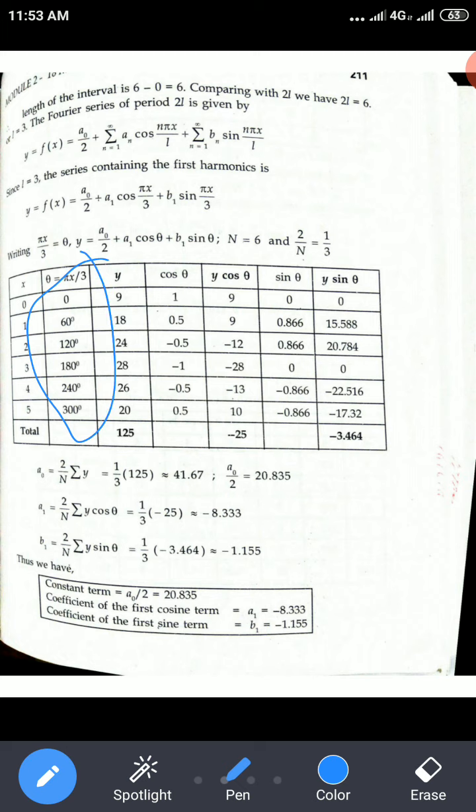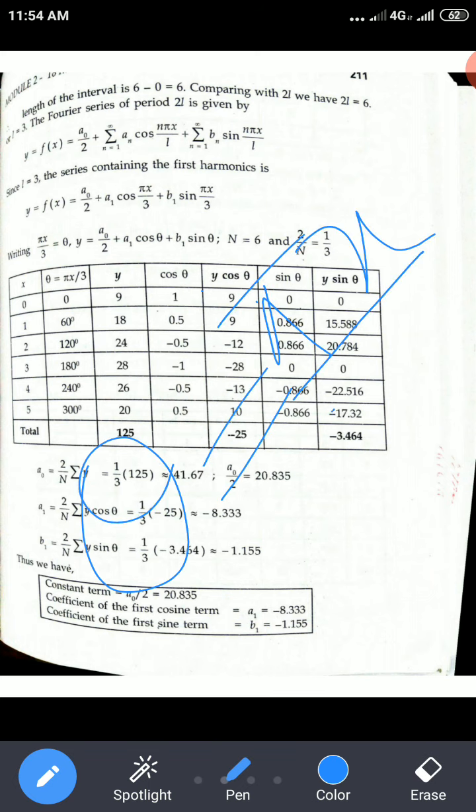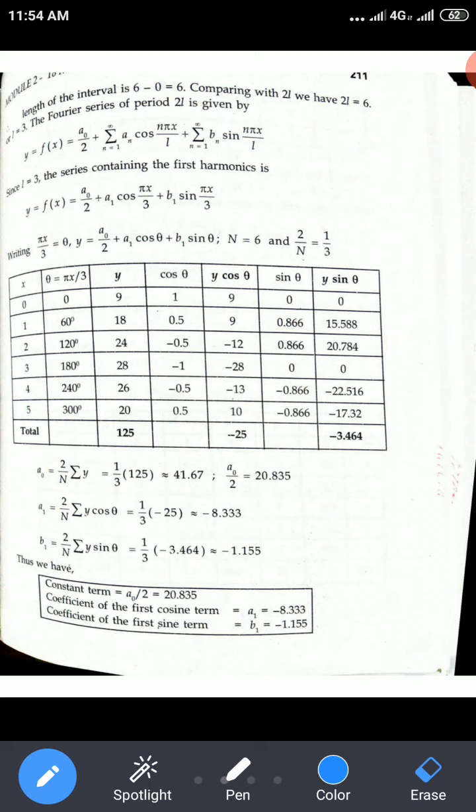So write the summation of y cos theta and the summation of y sin theta.